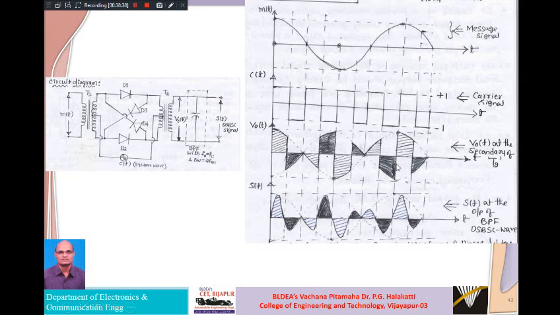The same thing here. The main reason for this is the alternate change of polarity of c of t, plus minus, and also the alternate change in polarity of the message signal, plus minus. Because of this reason we are getting a phase reversal here.